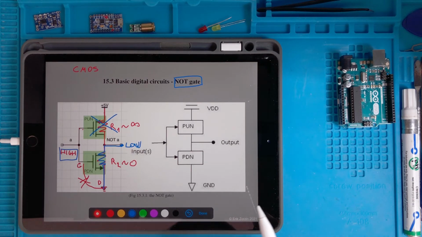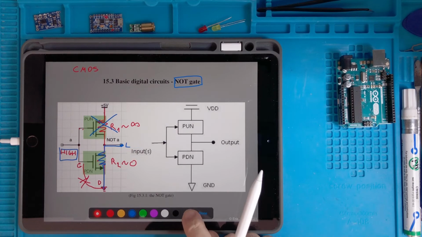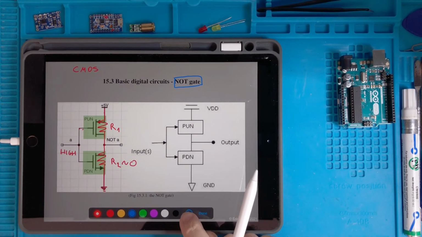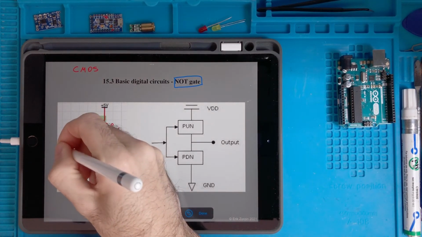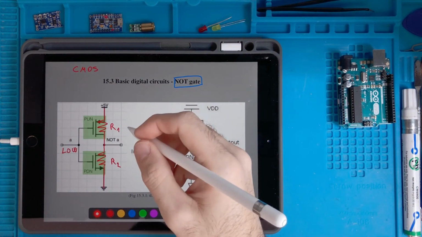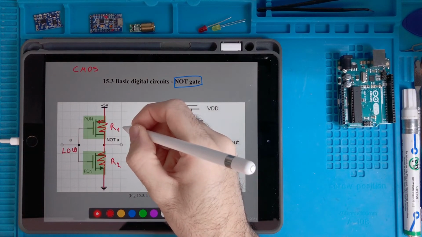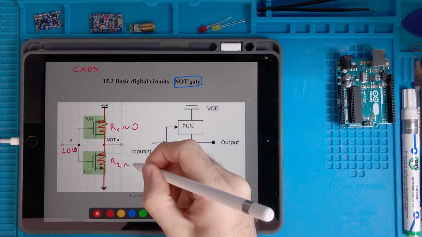and vice versa. So we can repeat the same reasoning, and if we do this, we will have exactly the opposite. So if we put a low signal at the input, we will have that this resistor is close to zero and this resistor is close to, let's say, infinity.